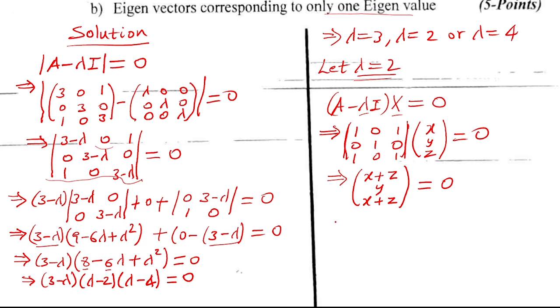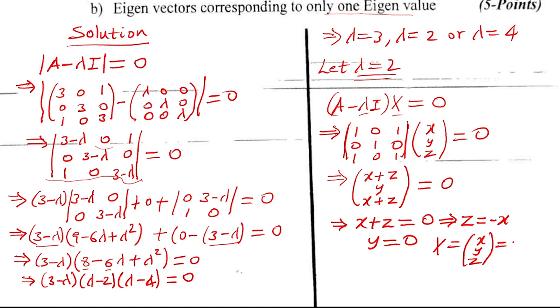So the zero matrix, this implies x plus z is equal to 0 and y is equal to 0. From the first one, we have z is equal to minus x. So what's the eigenvector x, y, z? It is x, y is 0, z is minus x.